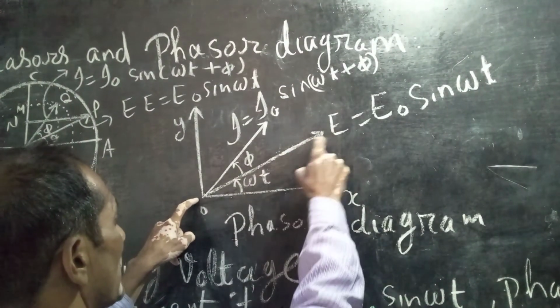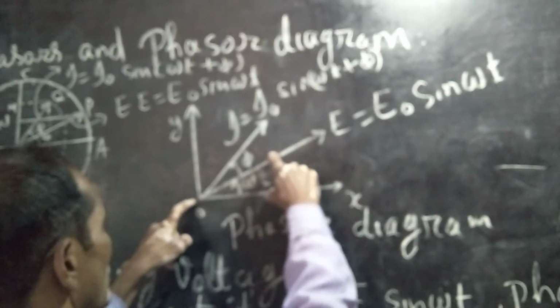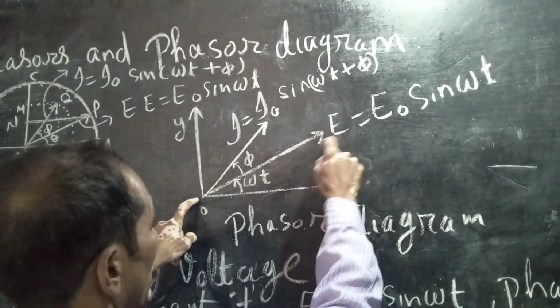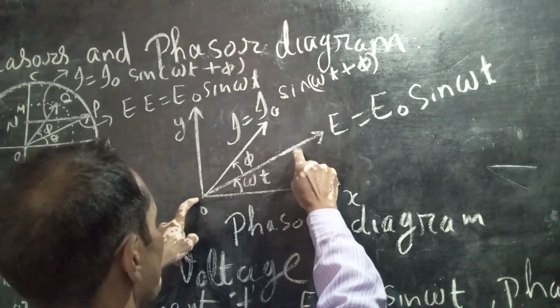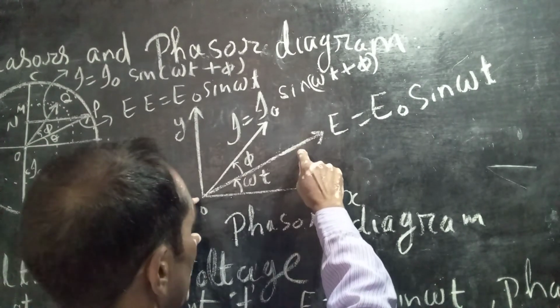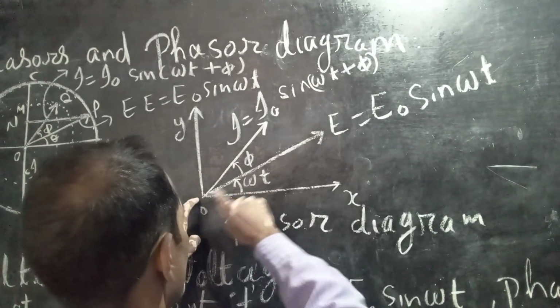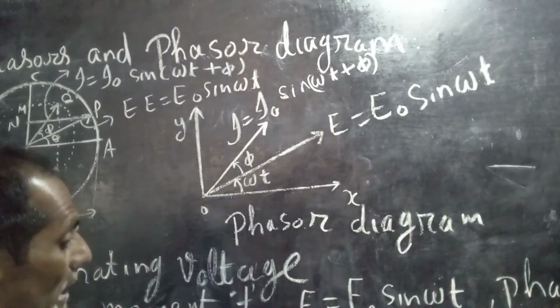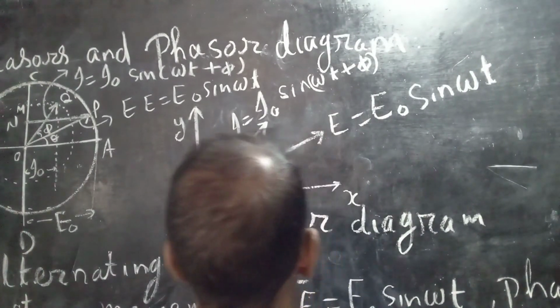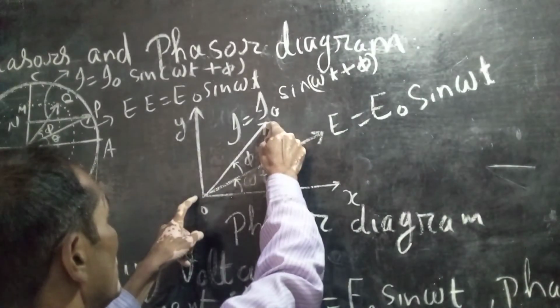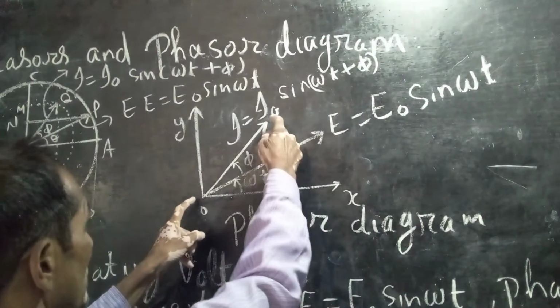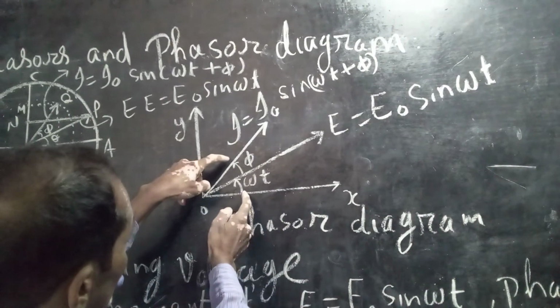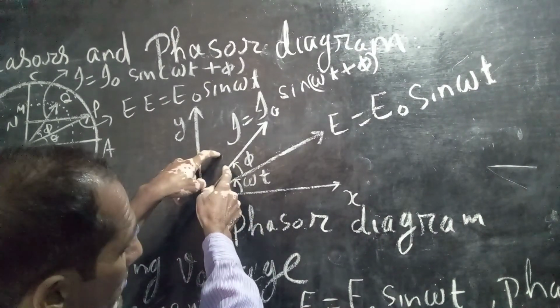This vector is the phasor of alternating voltage. Similarly, alternating current is represented by a vector with this magnitude and phase omega t plus phi.